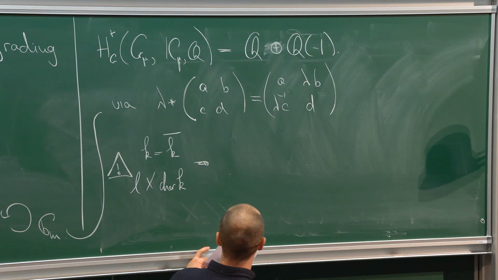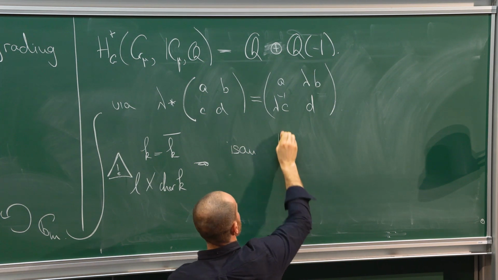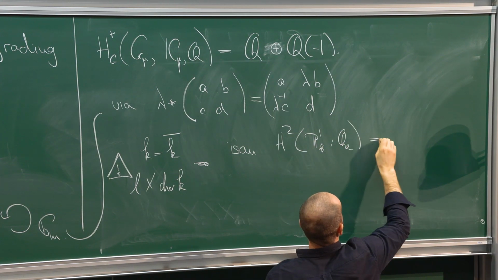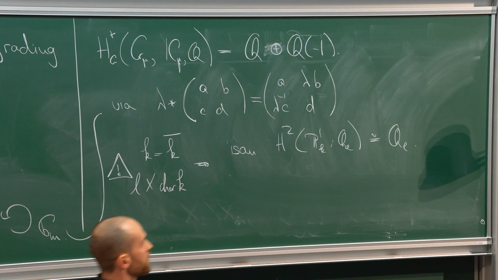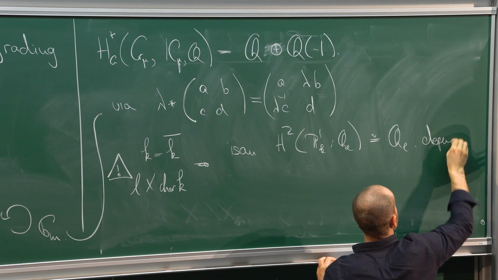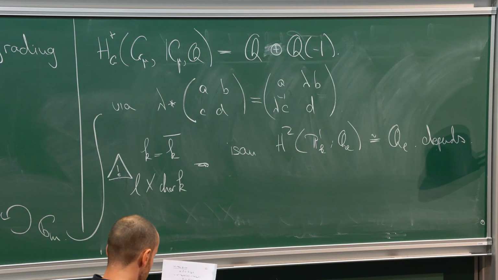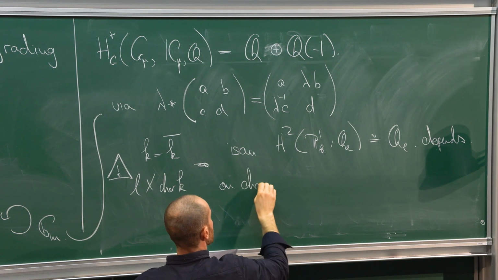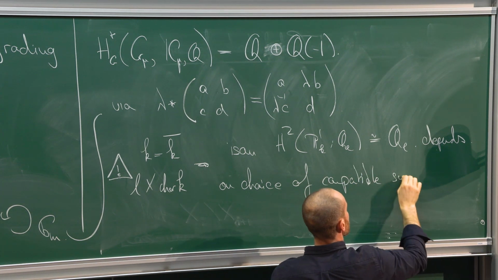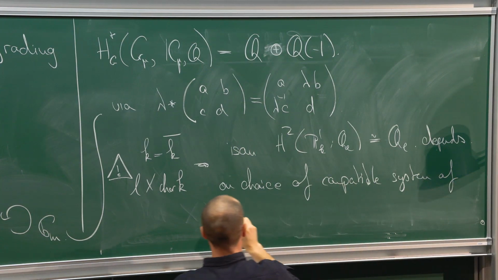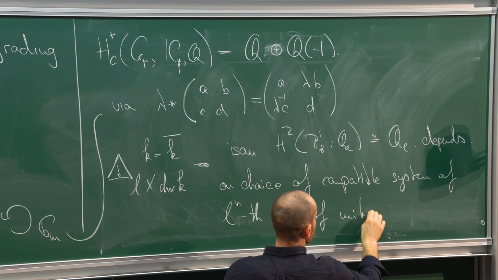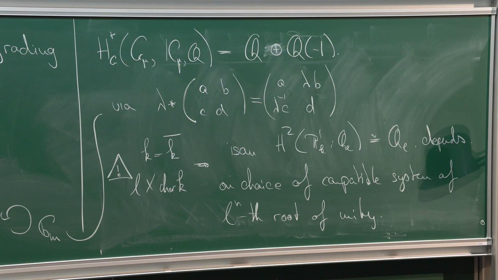Then it's true, of course, that the second étale cohomology of P1 over k is isomorphic to Q_l, but this isomorphism depends on the choice of a compatible system of l-to-the-n-th roots of unity. And even in the Betti setting, you would still have to choose plus or minus i.